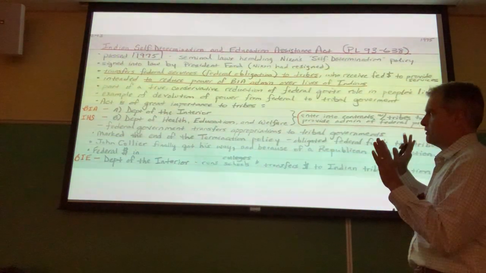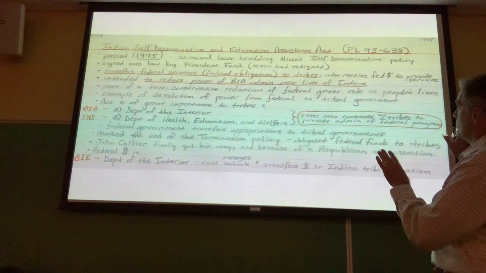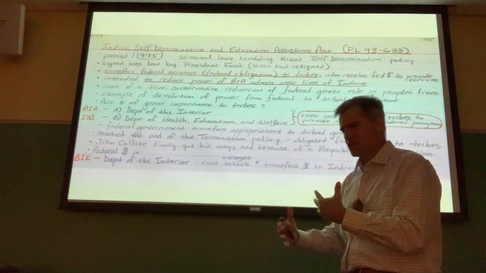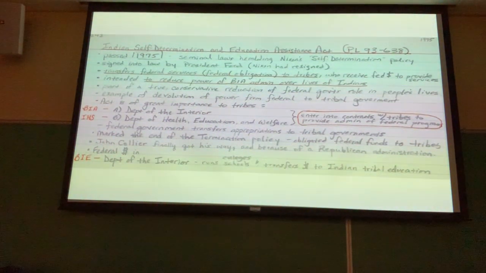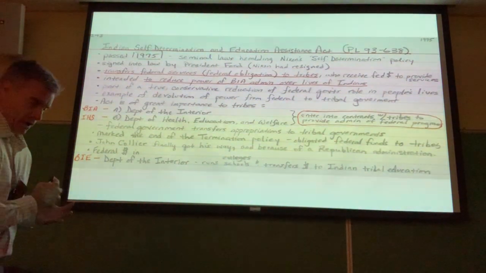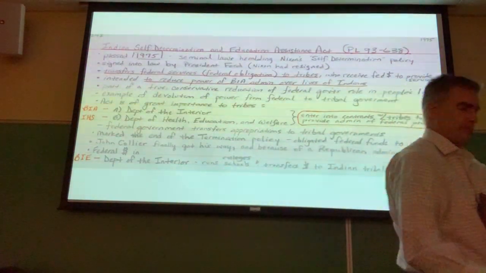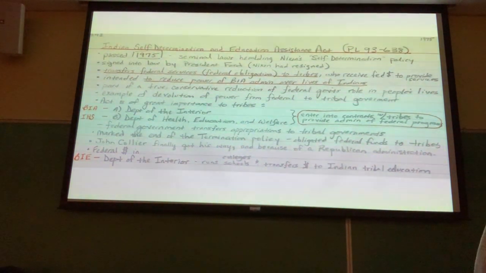And in the case of the Indian Self-Determination and Education Assistance Act of 1975, that's what the federal government basically did for Indian tribes. It handed over autonomy from the federal government to tribal governments, and allowed tribal governments to operate as governments should in serving their population, serving their people.